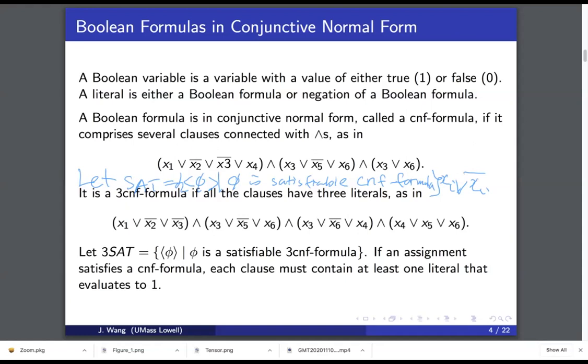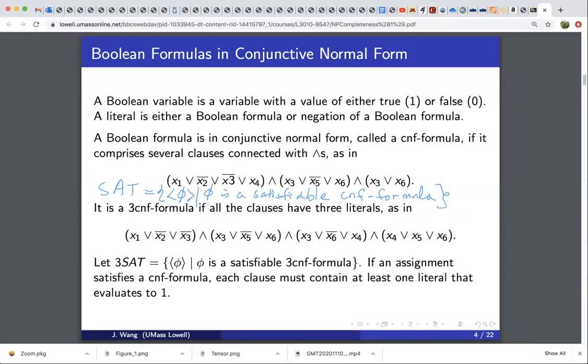All right, so earlier we explained the concept of Boolean formulas and Boolean formulas in conjunctive normal form, and what it means by 3 SAT and also SAT. So we now have 2 languages.